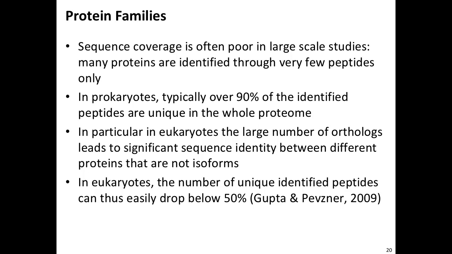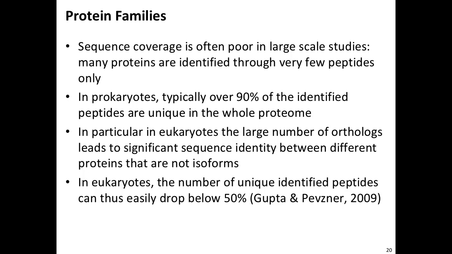If we want to resolve that, it depends a bit on what type of proteome you're dealing with. In prokaryotic proteomes, over 90% of the identified peptides tend to be unique. That has to do with the genome structure and the complexity of the genome structure.